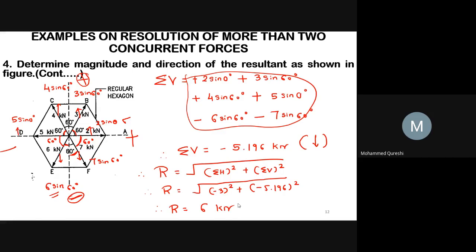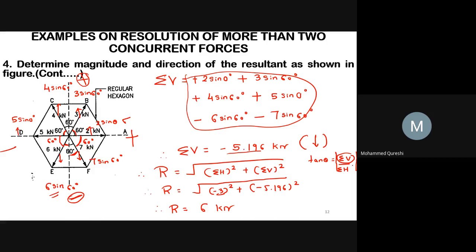Now we will go for direction. So for that, we know that tan theta equals to sigma V by sigma H, and the value of sigma V is minus 5.196 and the value of sigma H is minus 3.